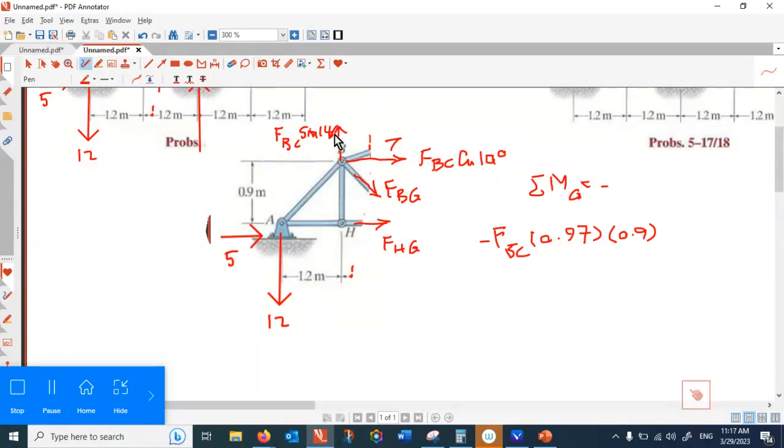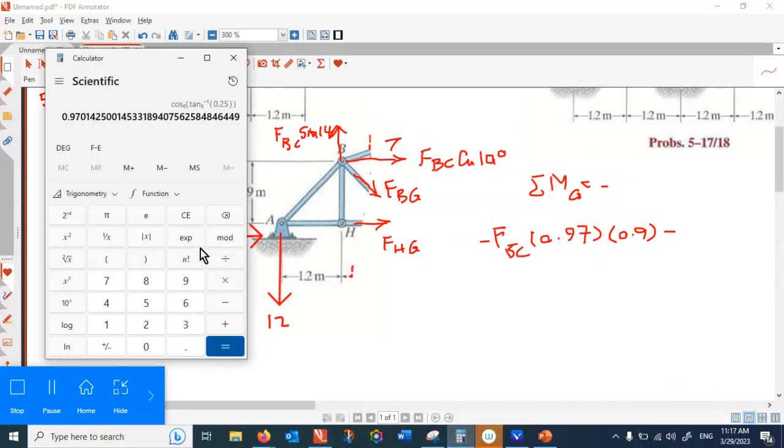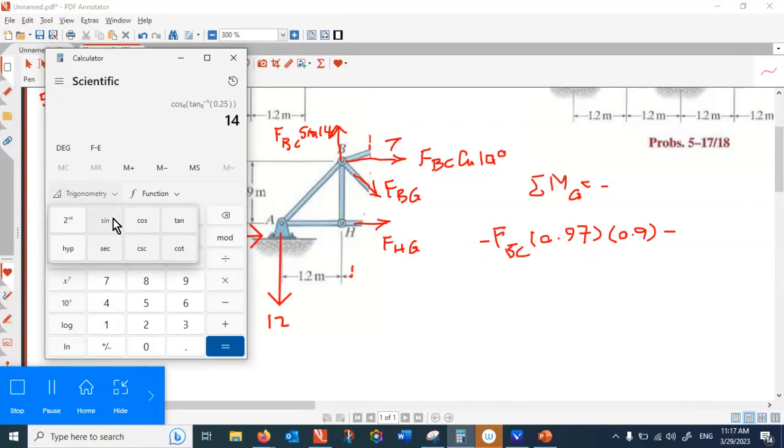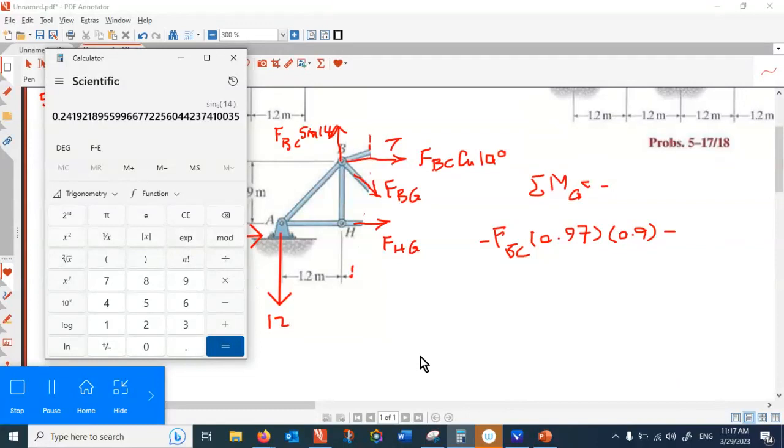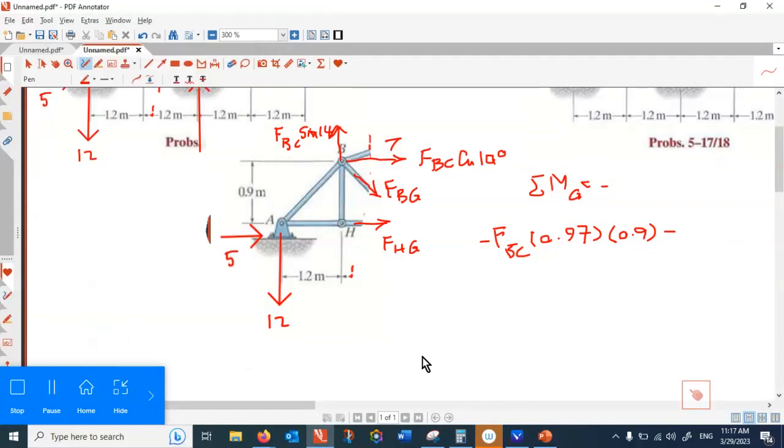Also, the vertical component would make a negative rotation, that is minus sine 14, 0.24, minus 0.24 FBC, and with the vertical, the arm of rotation is 1.2.